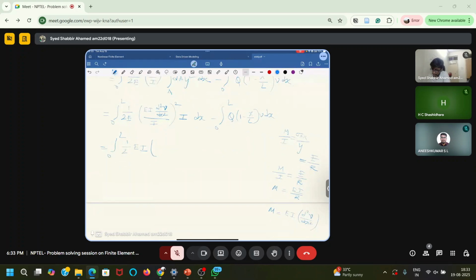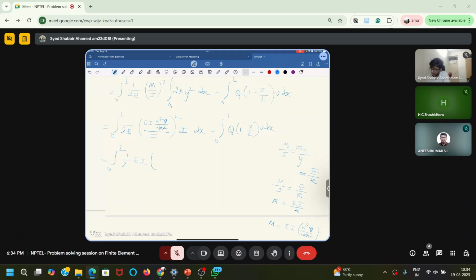I'm taking vertical deflection as v, not y. y is the height of the fiber from the neutral axis of the beam. That is different. So now this will be my final result, which I will get after this simplification.